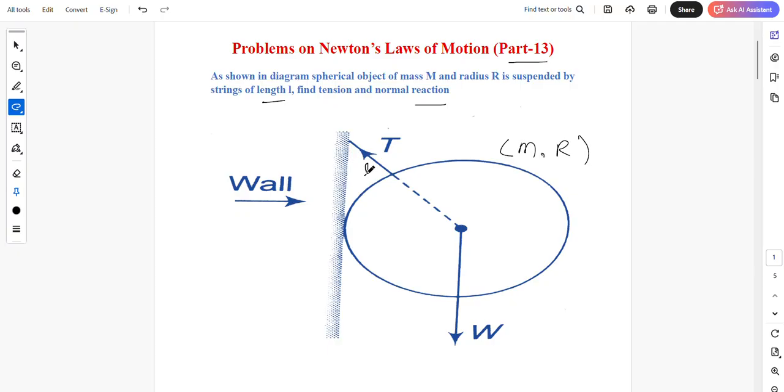Here the radius R is there, and here also the radius R will be there.